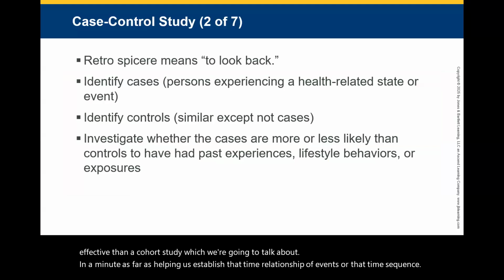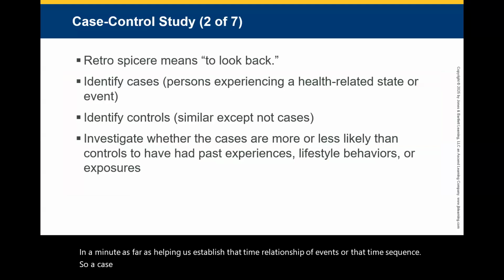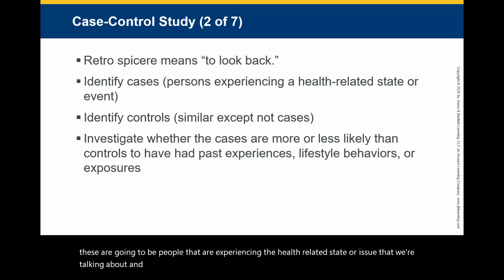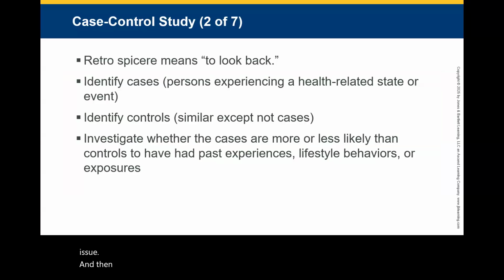So a case control study, retro, basically means to look back. All right, so we will identify cases. So these are going to be people that are experiencing the health-related state or issue that we're talking about. And then we will identify controls, so people who are not experiencing the health issue. And then we're going to survey or interview these individuals and see what they've been exposed to.